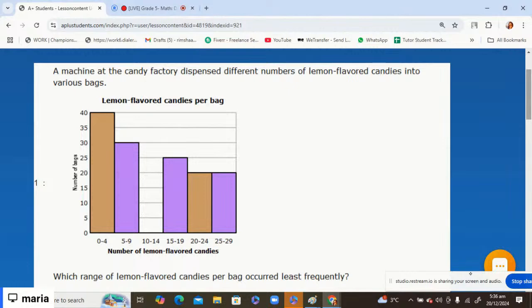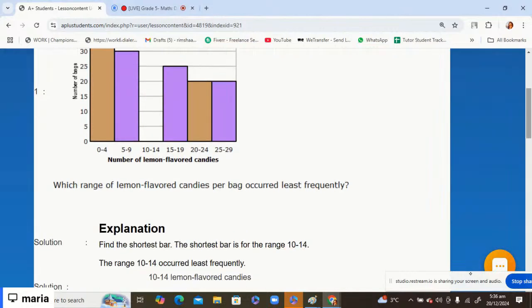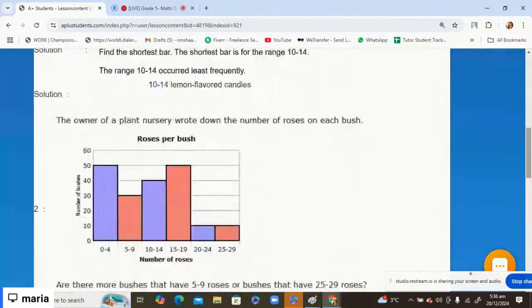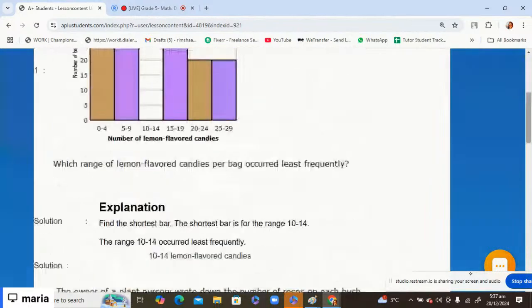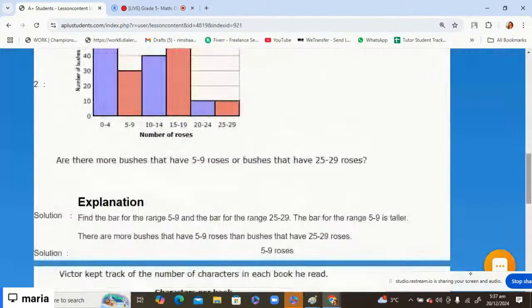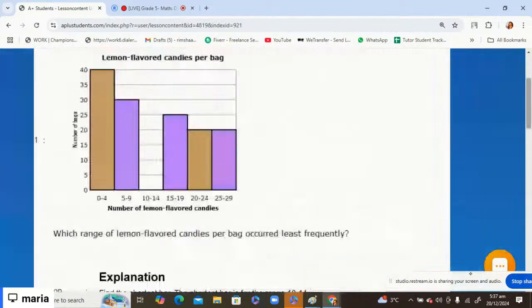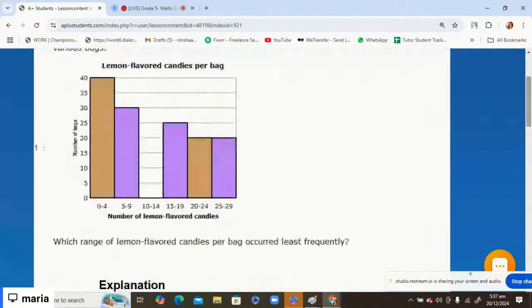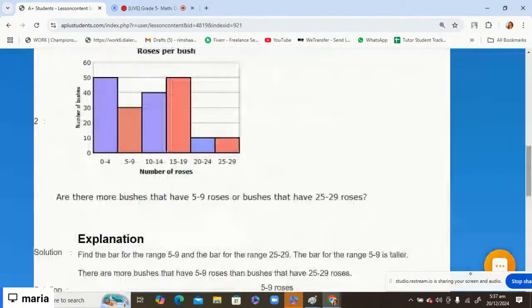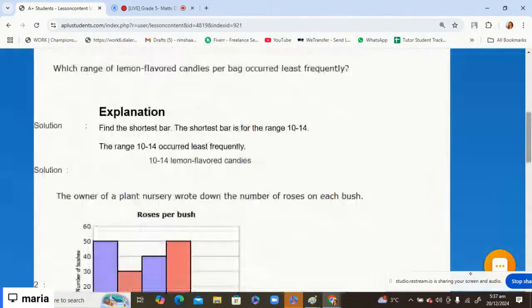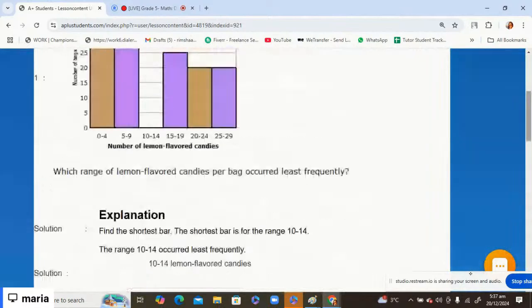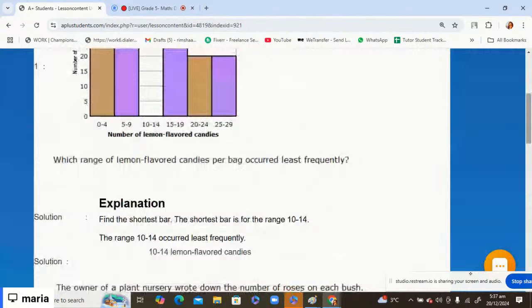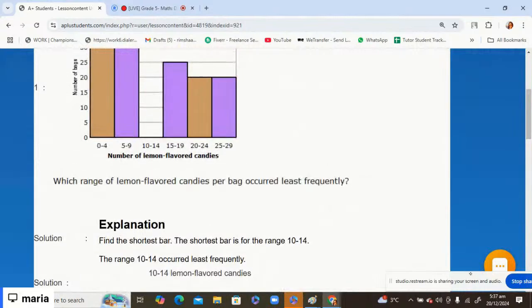So they are asking for the least frequent. So the least frequent is 0, that is 10 to 14. Okay, this is the least.